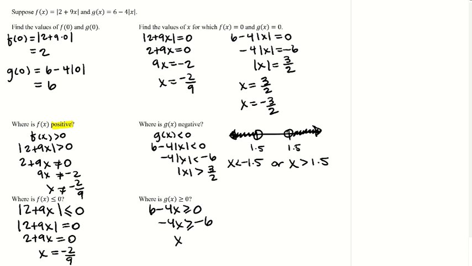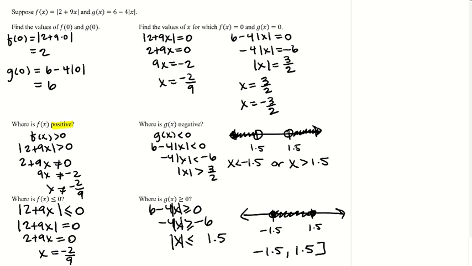I divide by negative 4, and I'm going to get the absolute value of x is less than or equal to positive 1.5. That's including 1.5 and negative 1.5. So I could write that as negative 1.5 up to positive 1.5. And that's all I've got for y'all today.